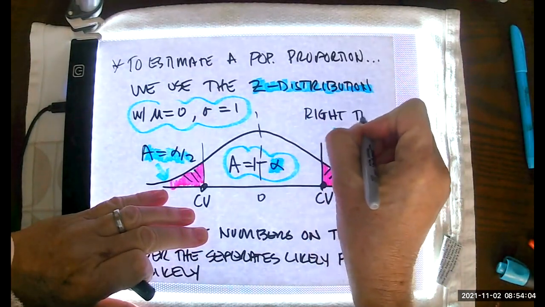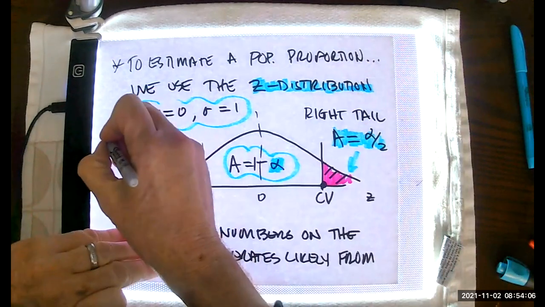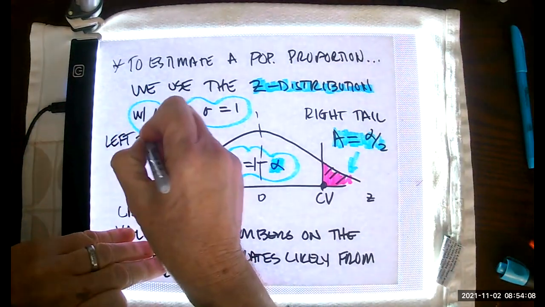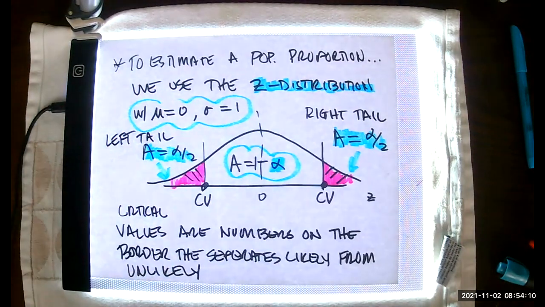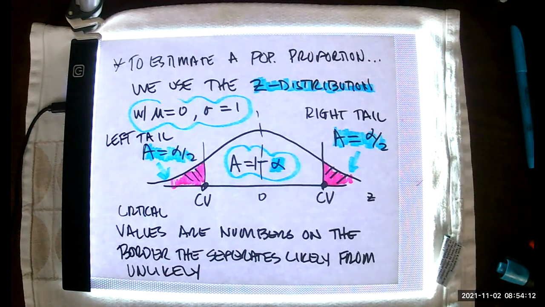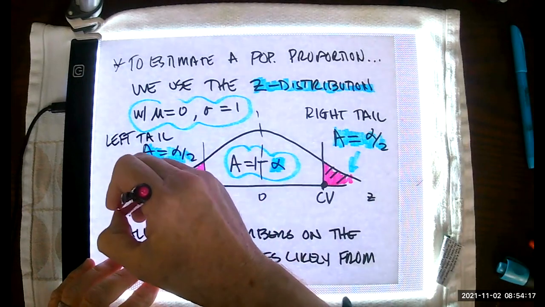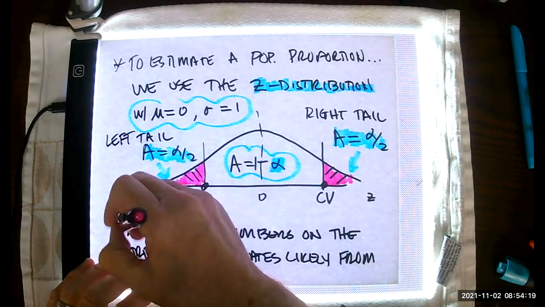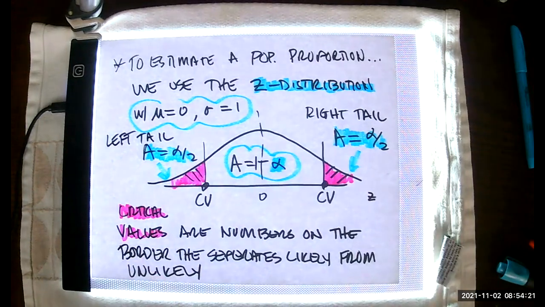We have a right tail and we have a left tail. And we have what we call critical values. And these critical values are numbers that are on the border that separate the likely from the unlikely.